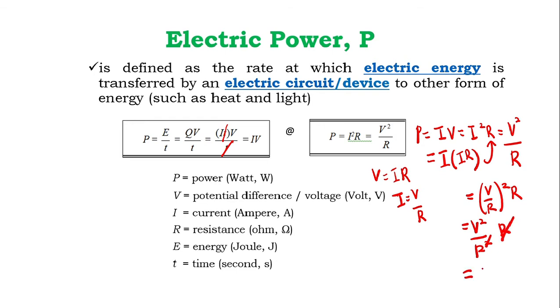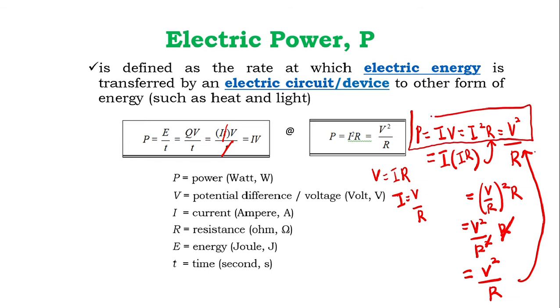Okay, so jadilah V kuasa 2 over R. So dapatlah formula yang ini. Dia sama je. So formula untuk power ini je yang awak perlu tahu. Okay, ni yang kat bawah ni adalah macam mana dia boleh dapat I kuasa 2 R, V kuasa 2 over R. Ni sekali. Okay, so yang next ni adalah nilai power.